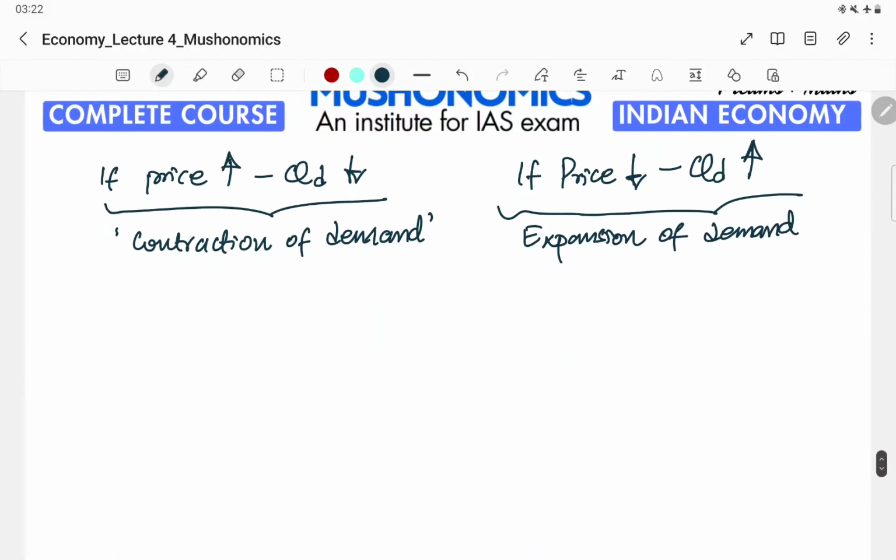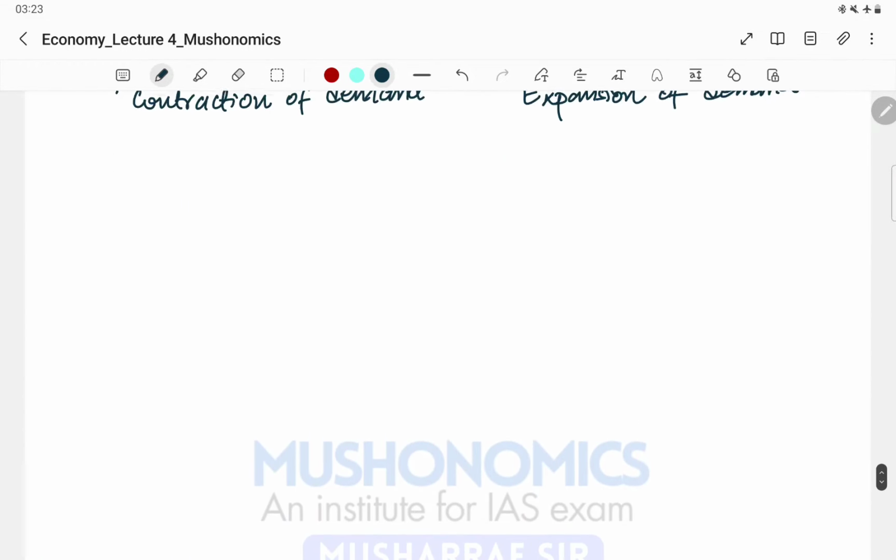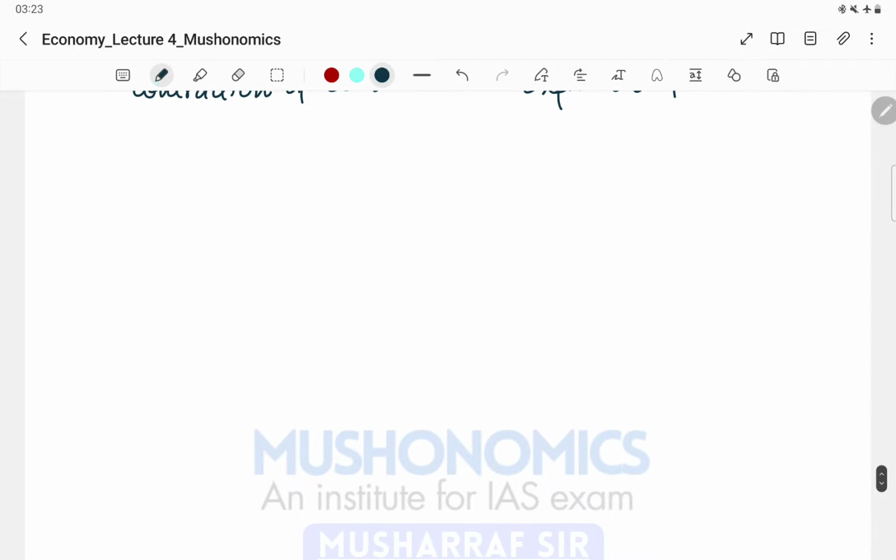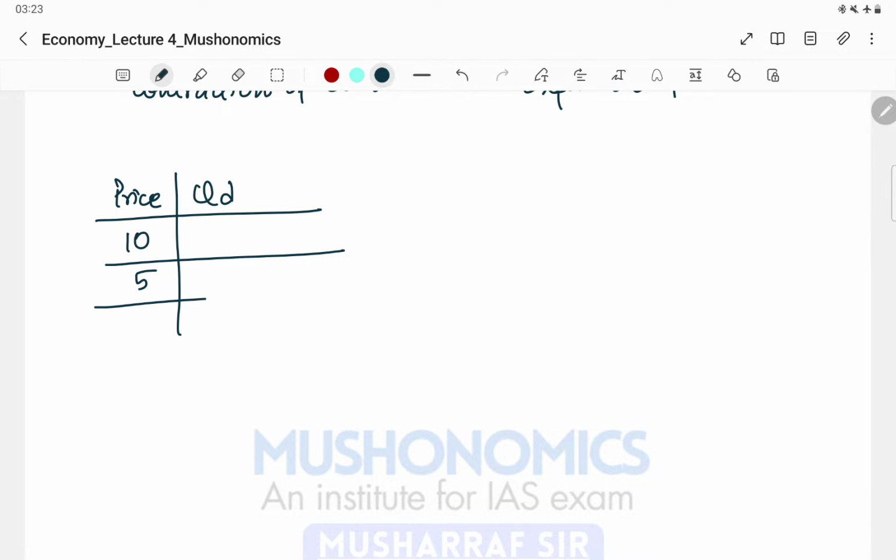Now let's take another example. Suppose I am drawing a curve. First I will plot the graph, price and quantity demanded. Suppose this is 10, this is 5, this is 2. I am taking random values, 100, 200 and 300 for example. I will plot a demand curve here.